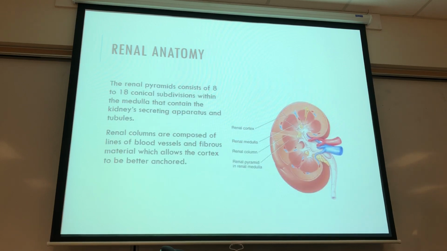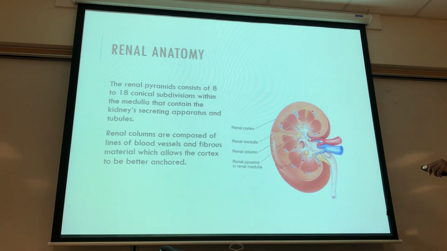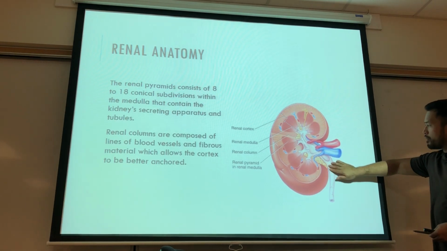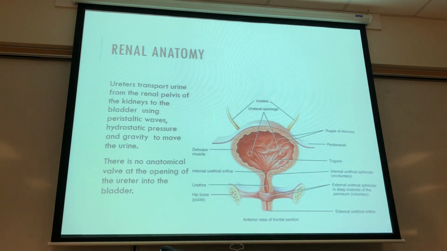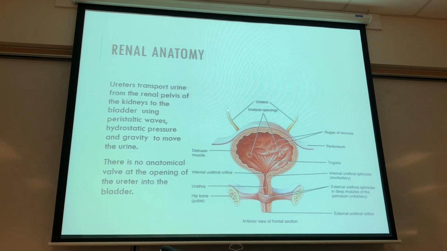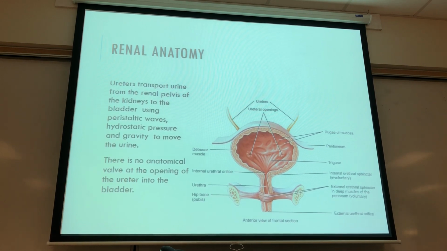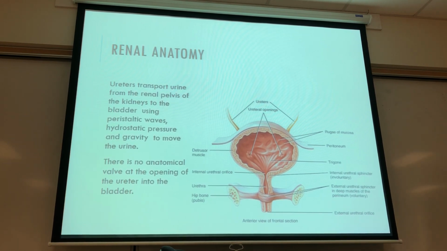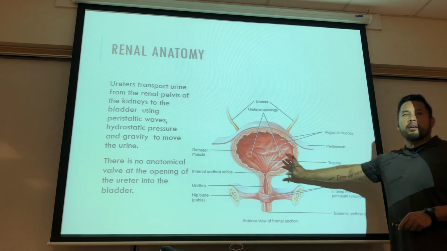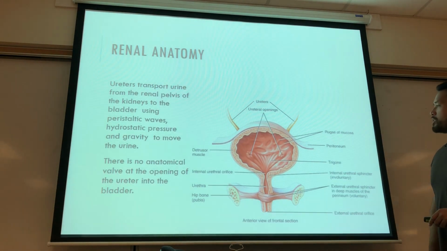Now, as the urine comes in, this concentrated urine is going to flow down into the ureters, and the ureters are going to collect into the bladder. The bladder is able to store that concentrated urine.